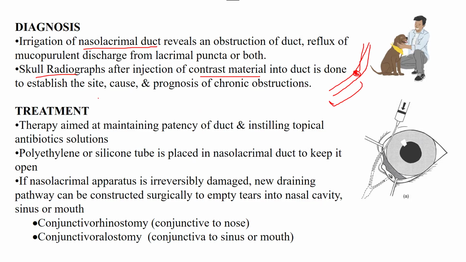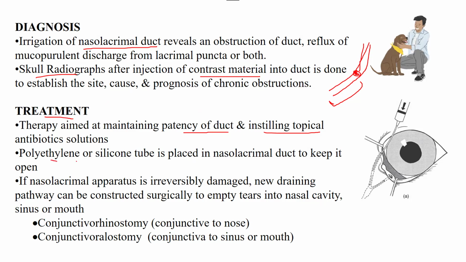So you can see the obstruction. Then, as far as the treatment is concerned, therapy is aimed at maintaining the patency of the duct and instilling topical antibiotic solutions. So once you have diagnosed the situation, you have to maintain the patency of the duct, and you have to instill the topical antibiotic solutions.